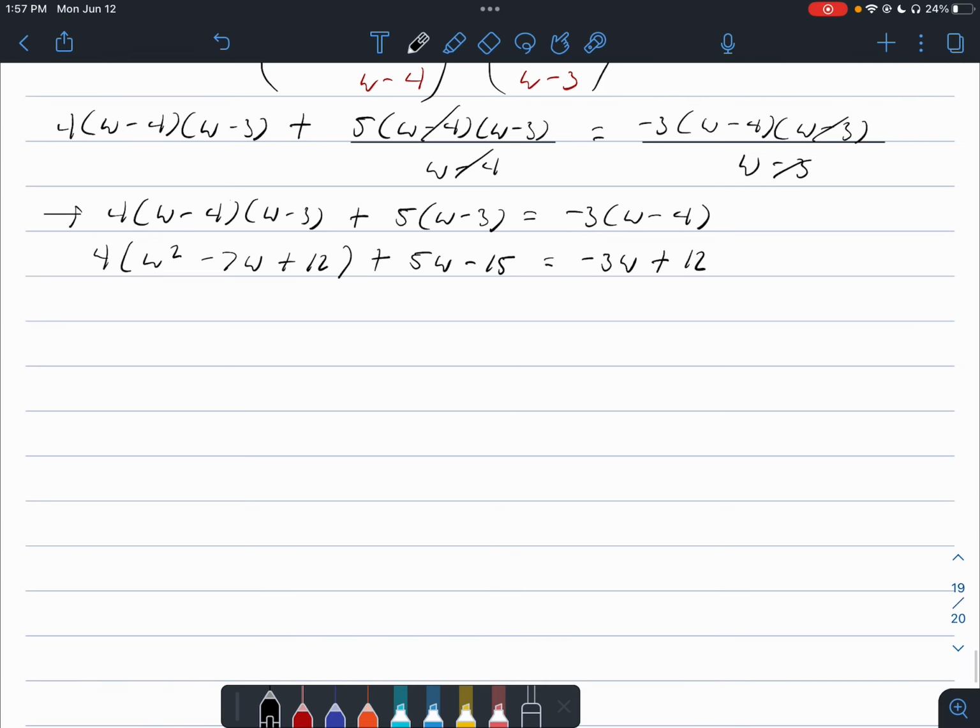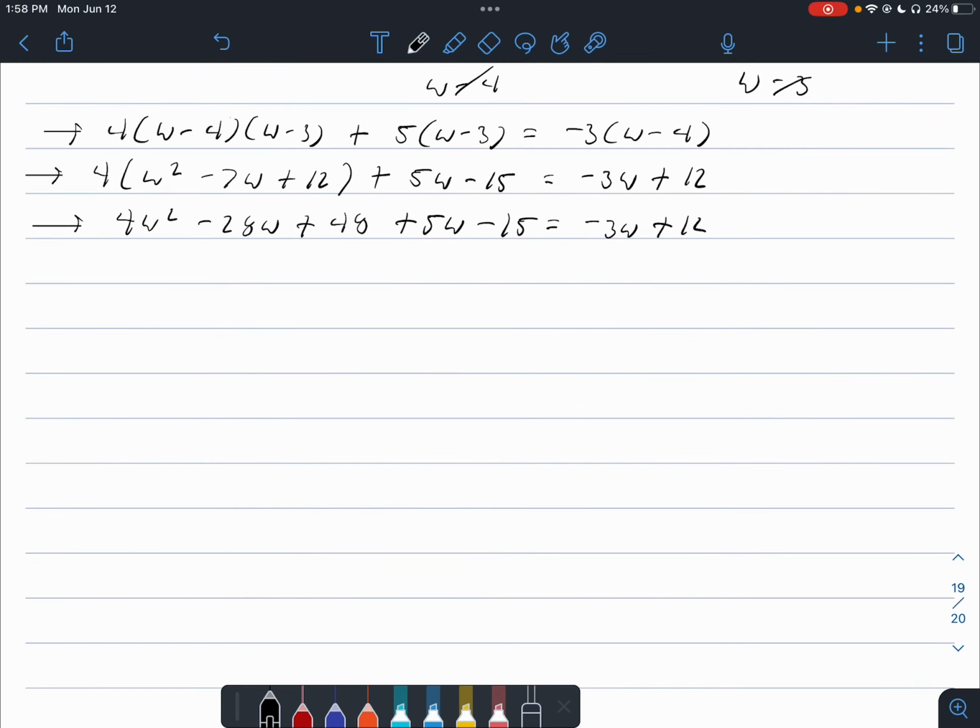So now let's go ahead and distribute this 4. So we'll get 4w squared minus 28w plus 48 plus 5w minus 15 is equal to negative 3w plus 12.